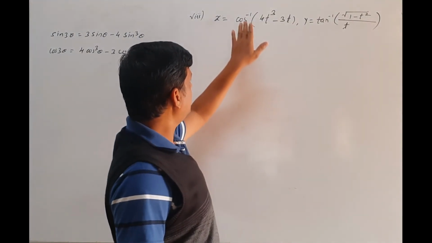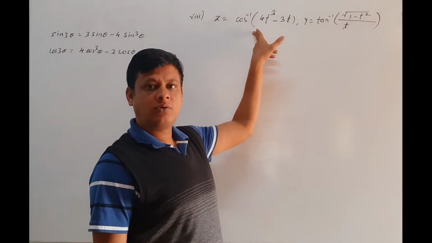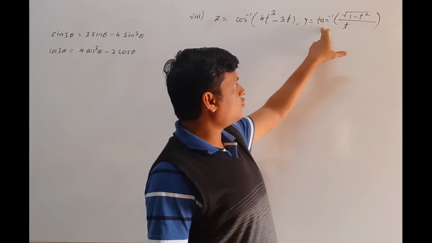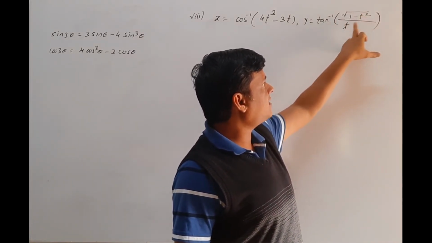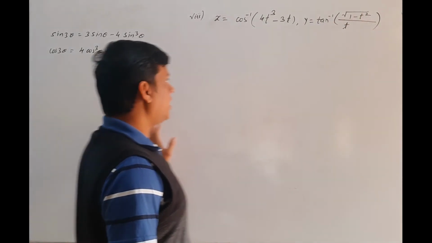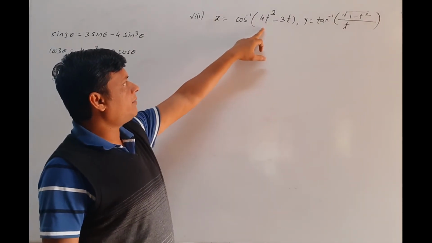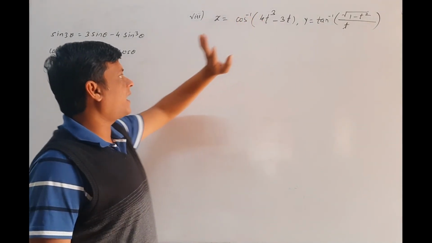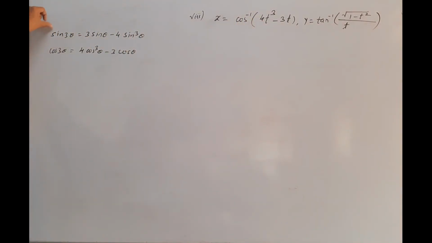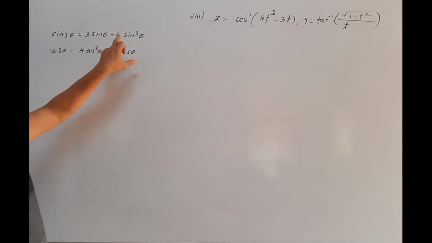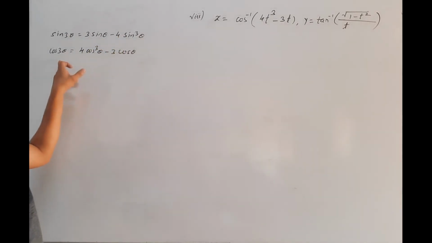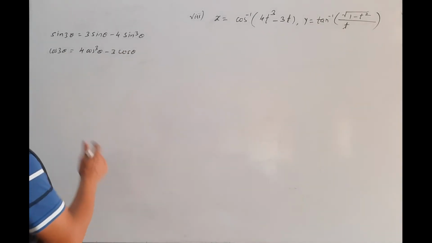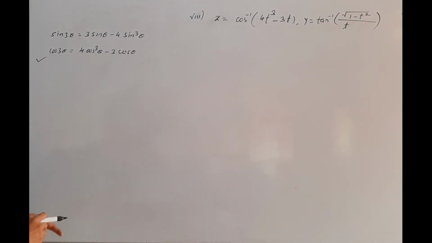Now see the next question. x equals cos inverse of (4t cube minus 3t), y equals tan inverse of (root of 1 minus t square) upon t. Here if you observe the bracket, we apply the triple angle formula. We have two formulas: sin 3θ equals 3 sin θ minus 4 sin cube θ, and cos 3θ equals 4 cos cube θ minus 3 cos θ. This second formula we have to use.